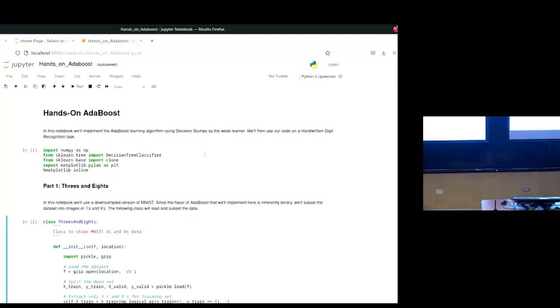For AdaBoost, as we said, we're going to work on weak learners. We're going to pick just the digit data set that you have already seen, but in this case, it's a binary classification, so we just pick 3 and 8, because they're usually very similar, okay?